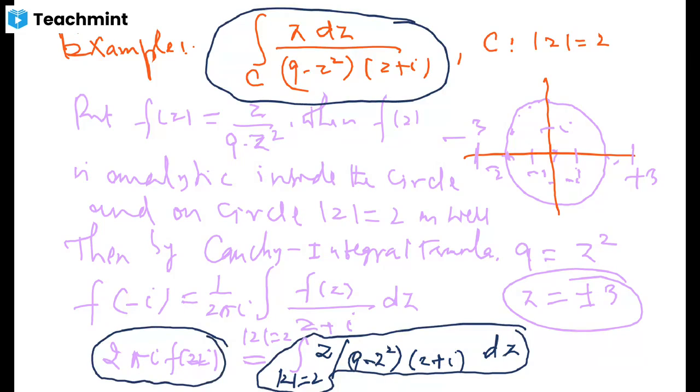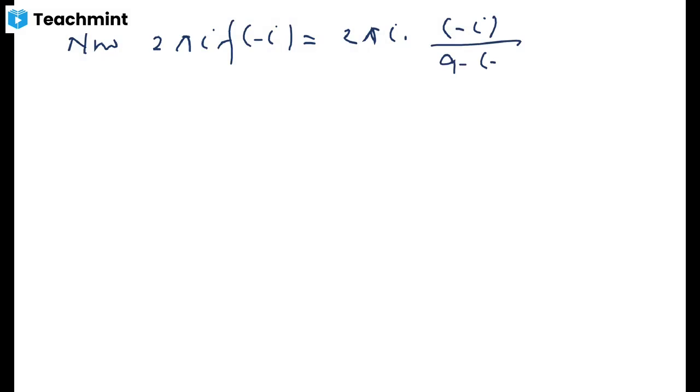And now you substitute minus i here. 2 pi i f of minus i is equal to 2 pi i times minus i upon 9 minus i square, since f(z) is z upon 9 minus z square. Just compute this value.